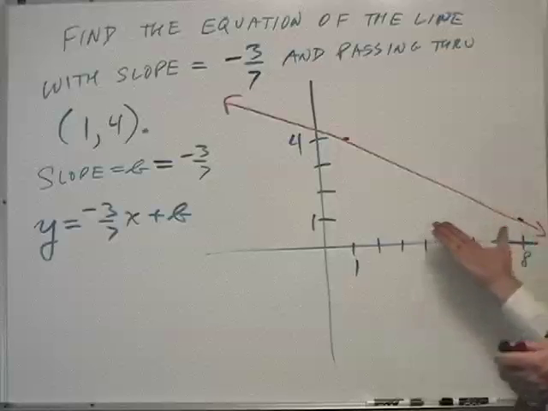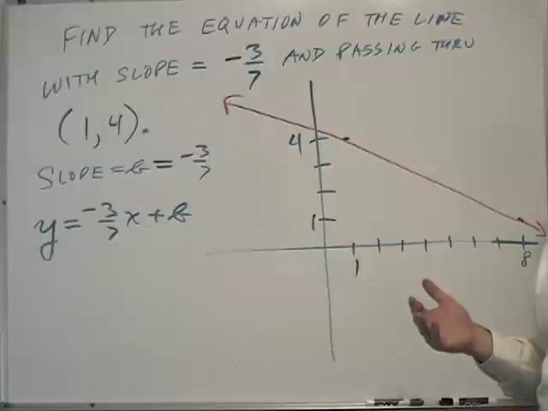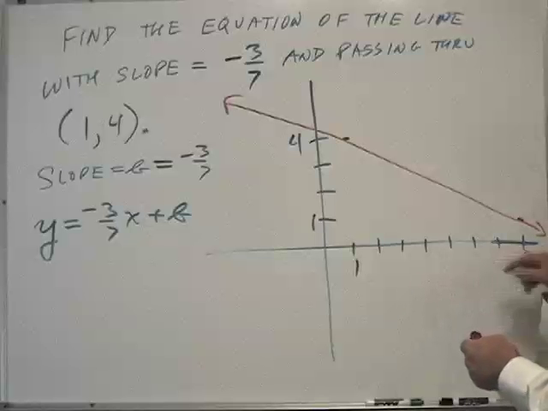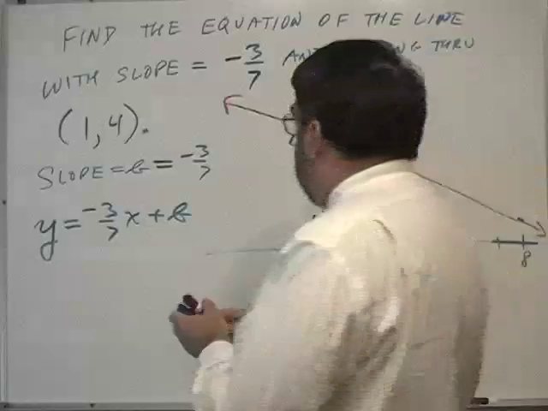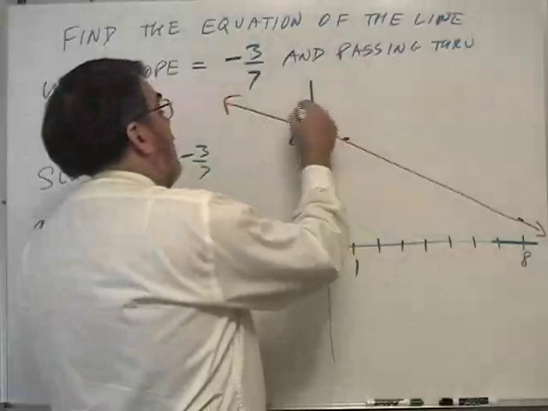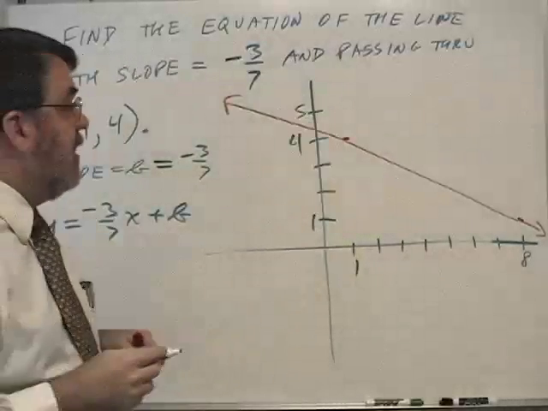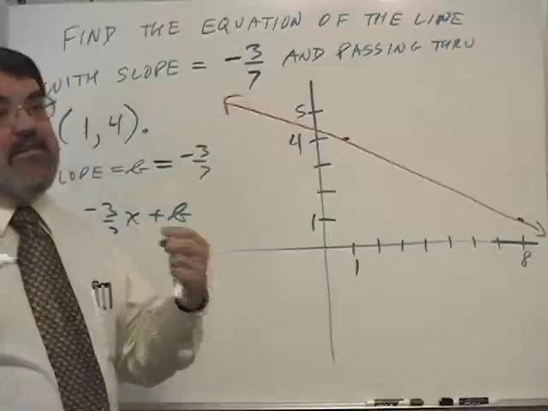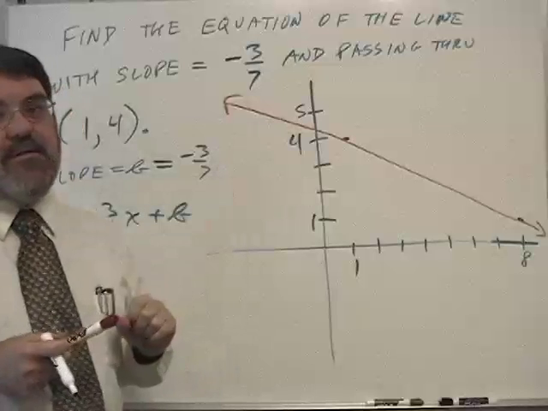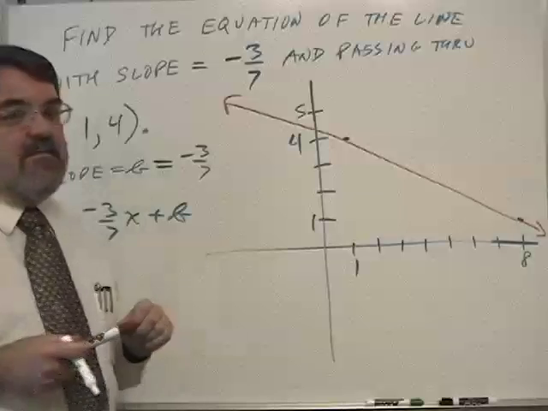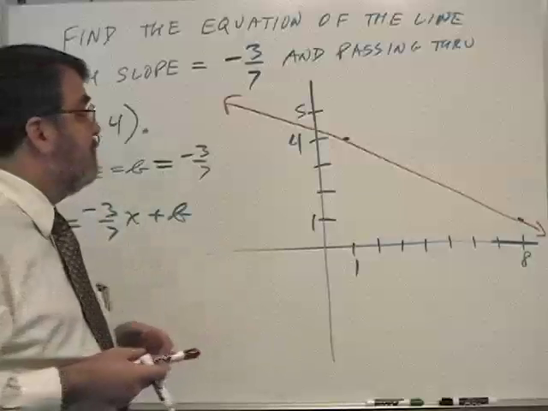From the graph, you can get a pretty good idea what it should be just by looking at it, because it should fall between 4 and 5. Now, it's maybe not terribly obvious exactly where it falls, because it crosses at a fraction.